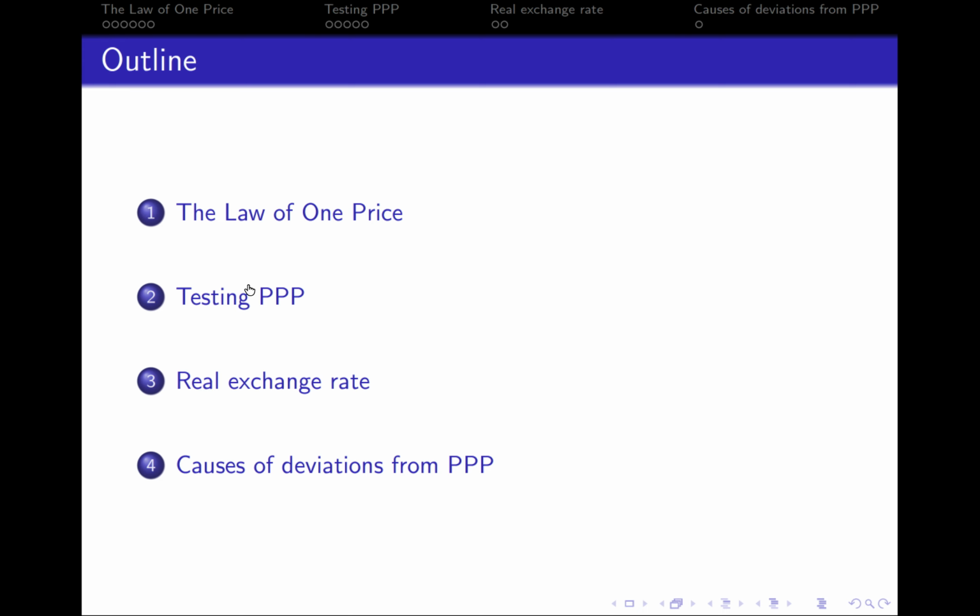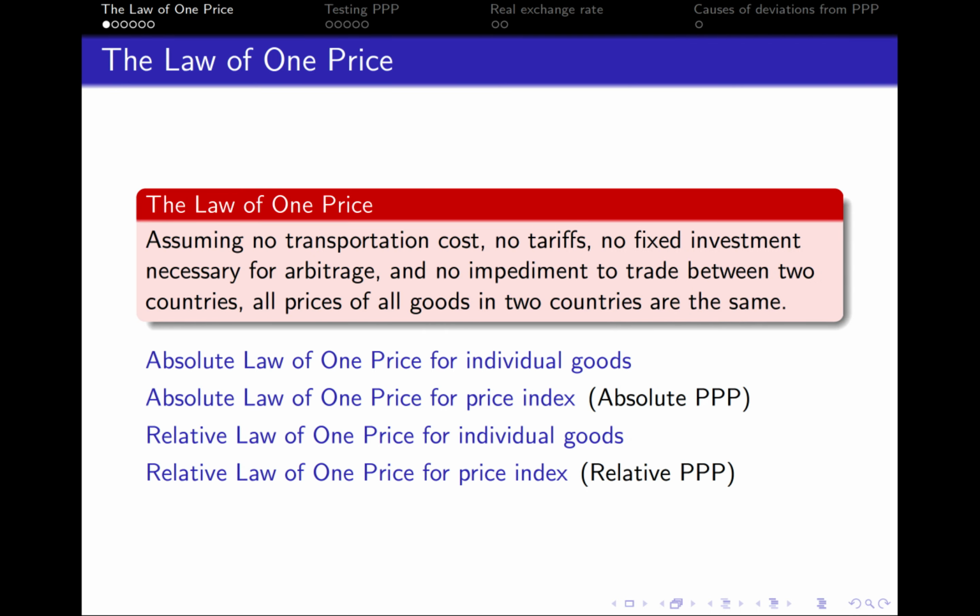We're going to test it extensively, and we're going to see how it works, or whether it works. Then we're going to move for a little while to real exchange rates, and finally we're going to finish with causes of deviations from purchasing power parity. Okay, so let's start with the law of one price.